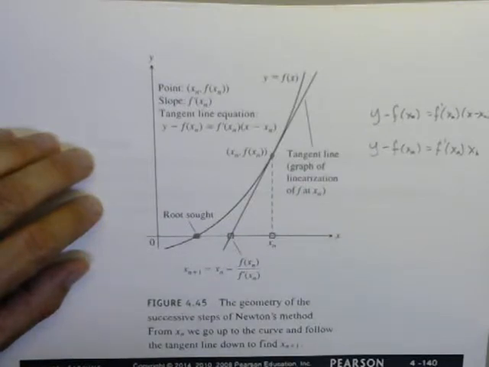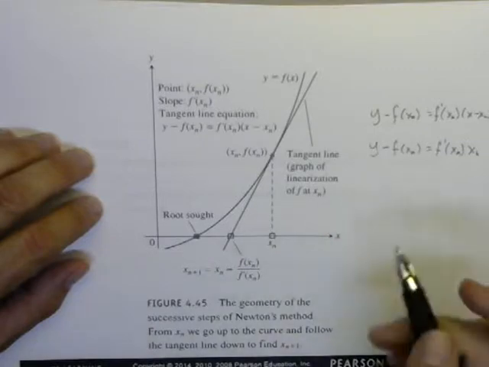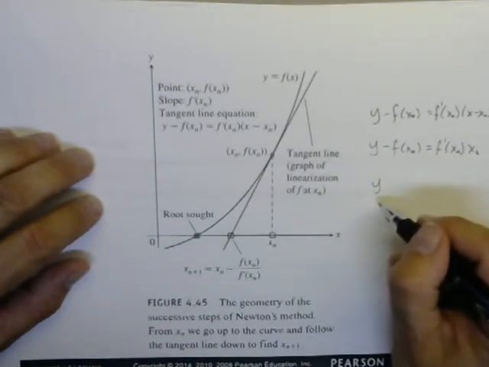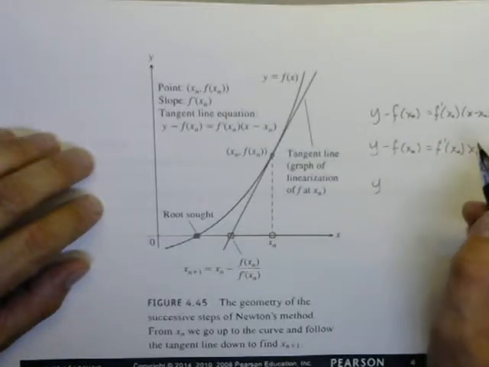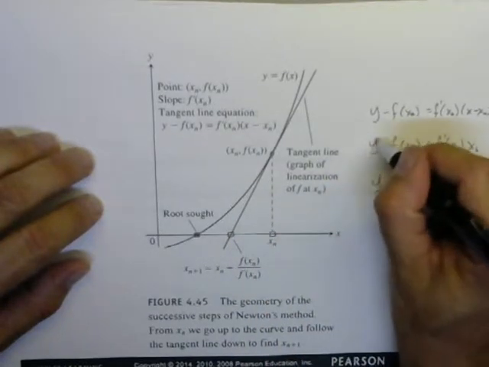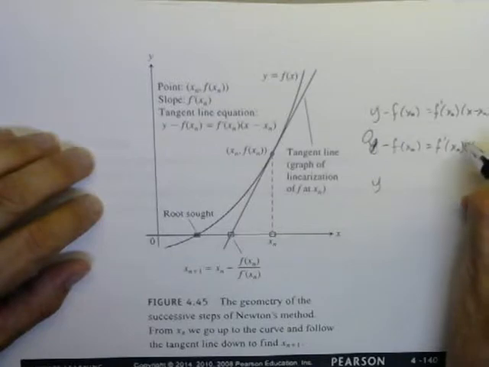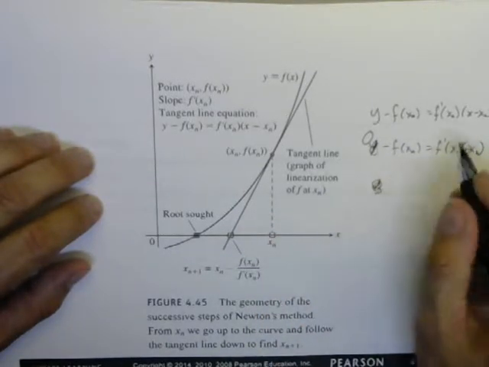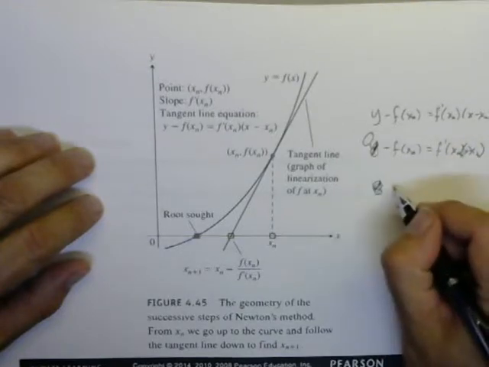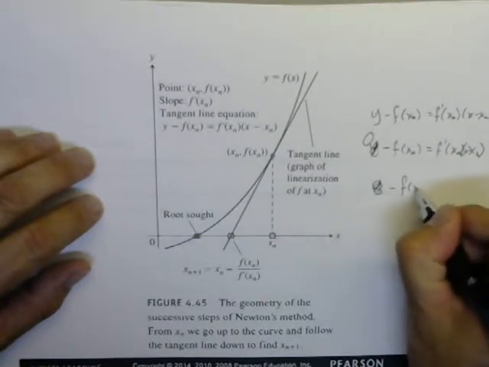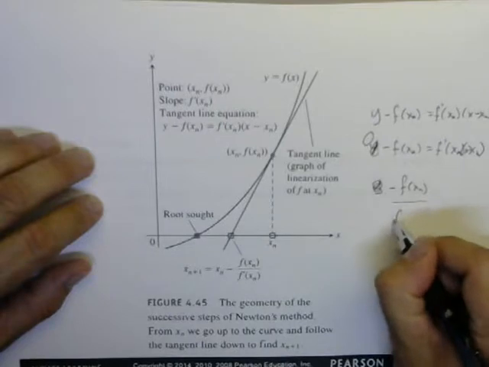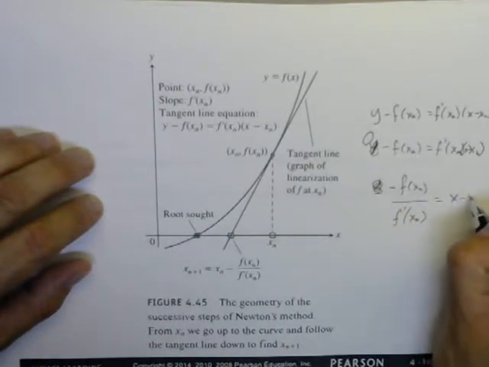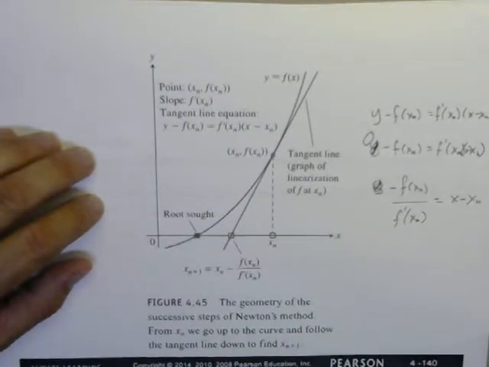If I divide both sides by f prime, I'll have f of x sub n divided by f prime of x sub n. That should be equal to x minus x sub n.